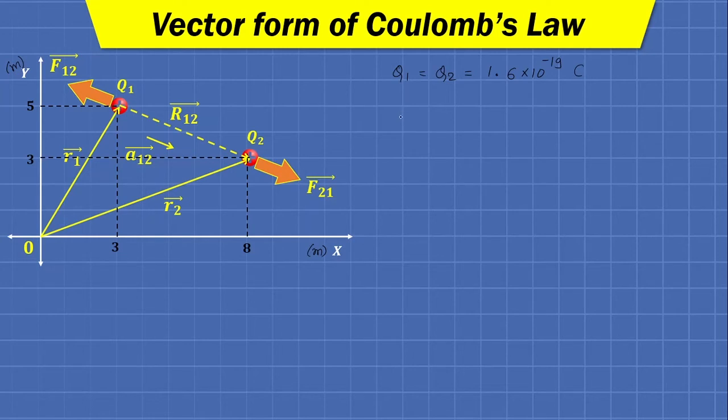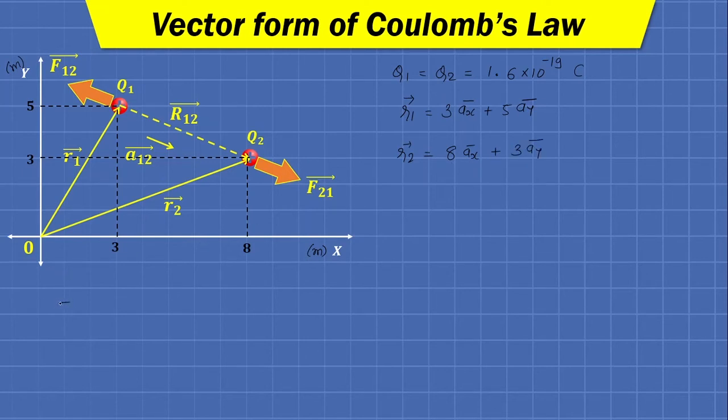Fine, so vectorially the position vector of q1, that is r1 bar, can be shown as 3ax bar plus 5ay bar, and the position vector of q2 can be represented as 8ax bar plus 3ay bar.